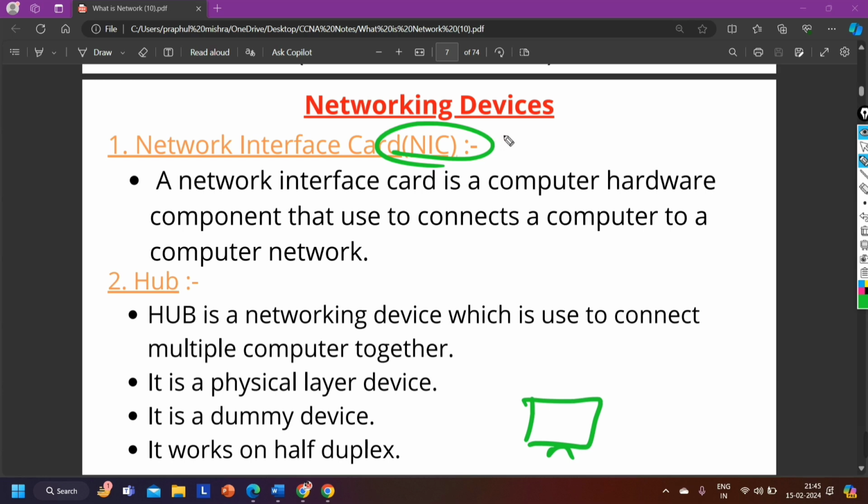Now NIC can be again what? Wired or wireless, right? Because we have two options for a PC. If I want to connect this PC to the network, I can connect it through cable or through radio frequency, wirelessly, yes or no? So NIC can be wired or wireless. How does a NIC look?